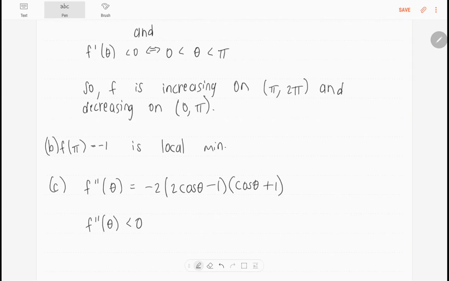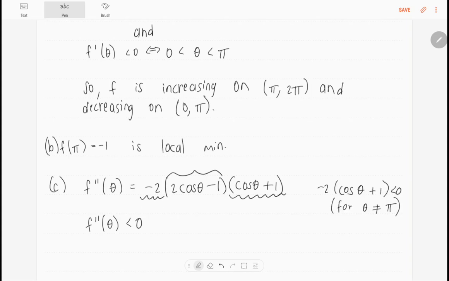So if we were to look at where it equals 0, if we just look at this part of the second derivative, we know that that will always be negative except when theta equals pi. So to determine where this entire second derivative is negative, all we have to look at is this part here, because this sign will then determine whether the entire thing is positive or negative.